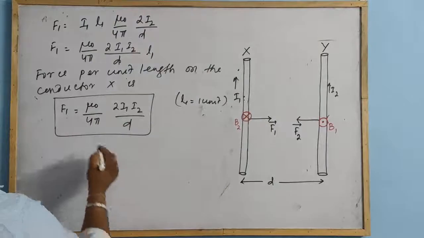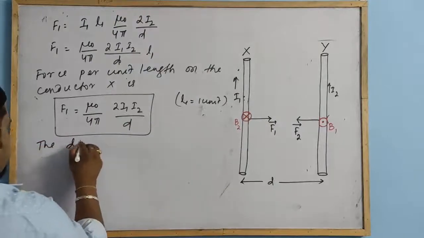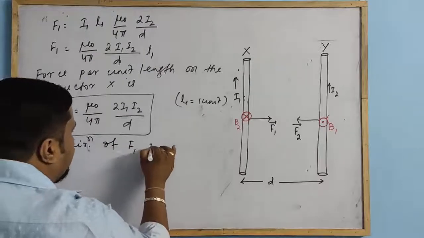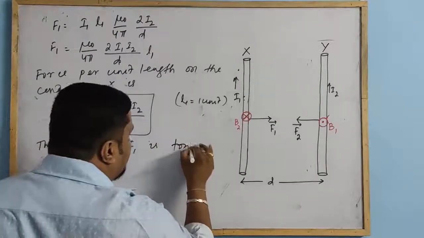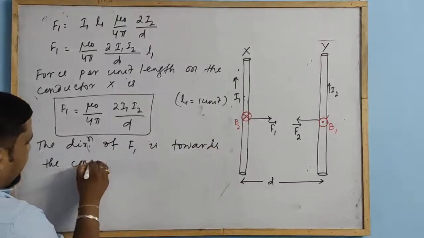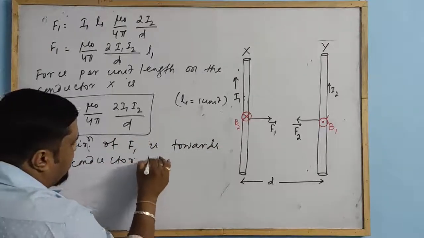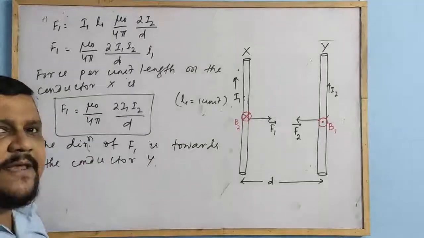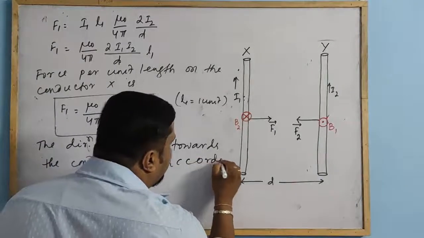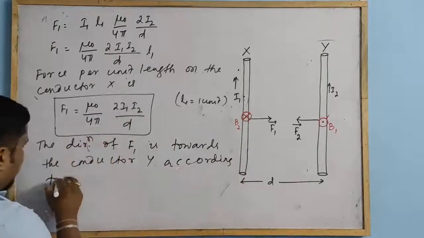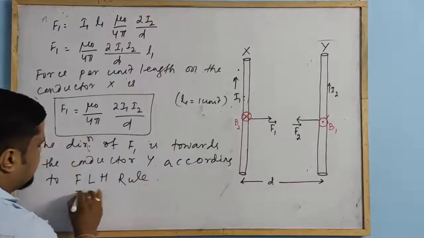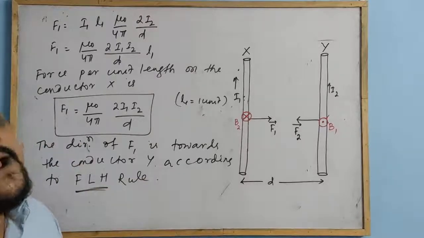Clear? So here the direction of F1 is towards the conductor Y according to Fleming's left hand rule. Short form I have written Fleming's left hand rule.